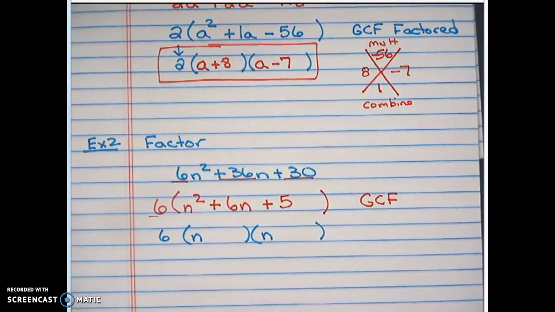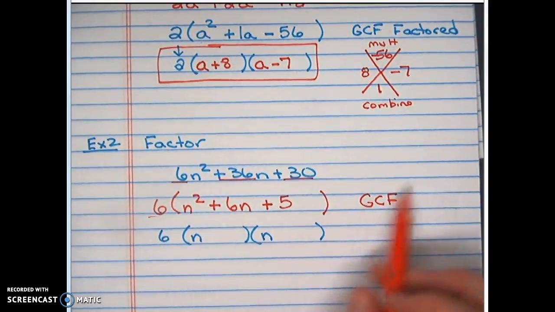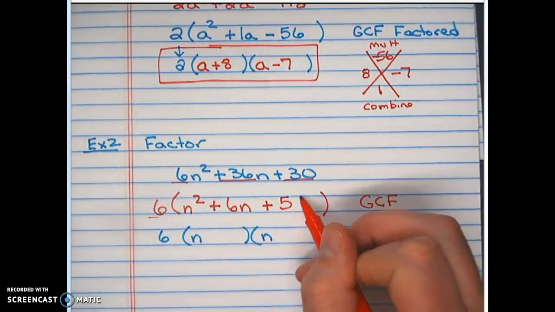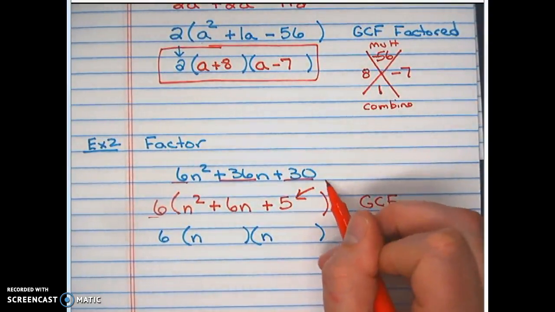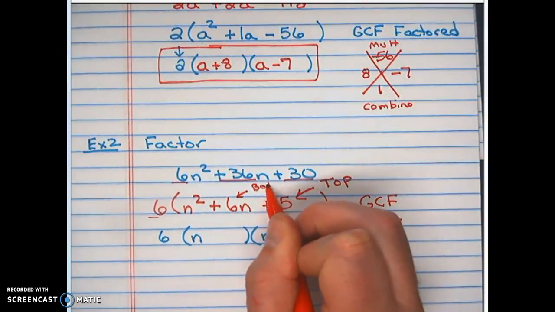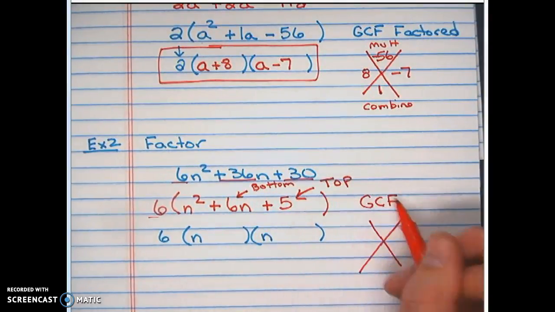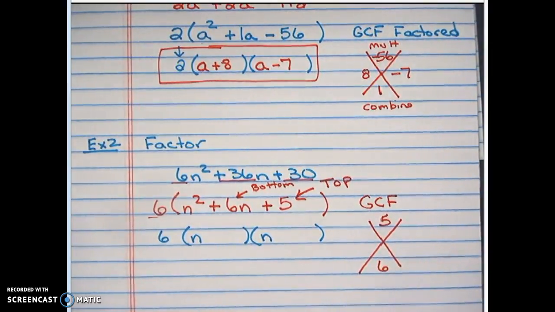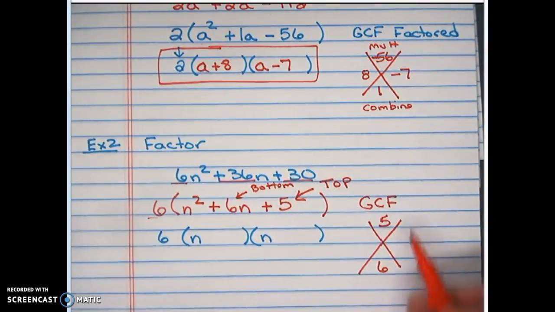And then if I want to get the rest of it, I'm going to have to do that factor x setup. Now when you set up your factor x, it's always this last number that goes on top, and it's always this number that goes on bottom, because what we need is 2 numbers that multiply to 5 that add to 6. And that's how all those factor x's that we practiced were set up.